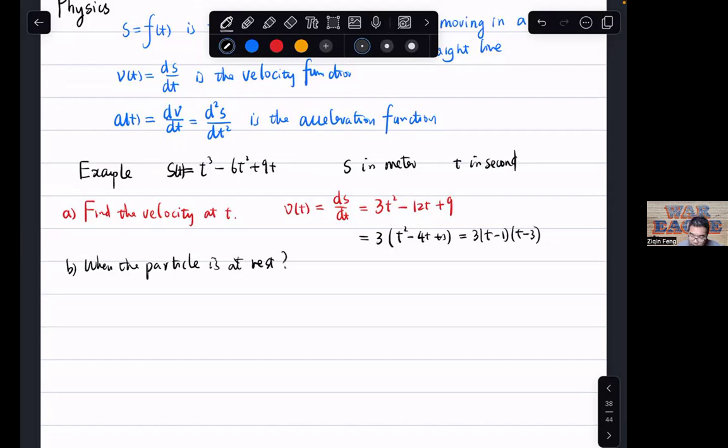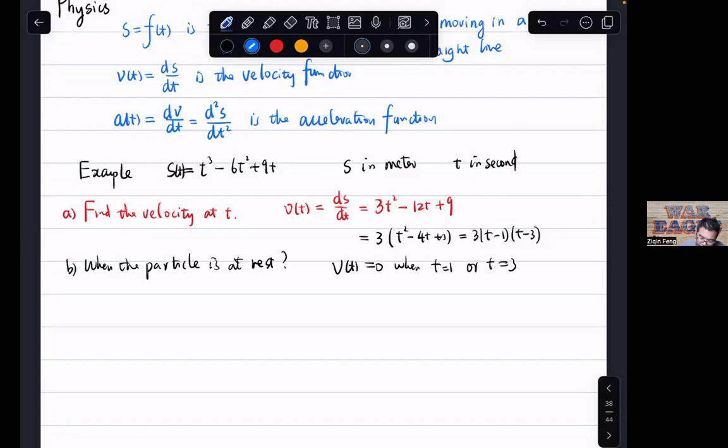We know that velocity equals 0 when t equal to 1 or t equal to 3. When t equal to 1 or t equal to 3, the velocity is 0, so that's when the particle is at rest.